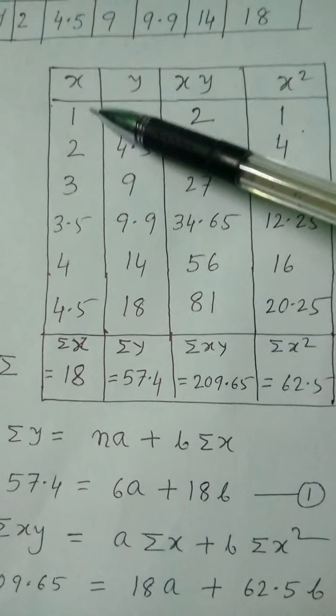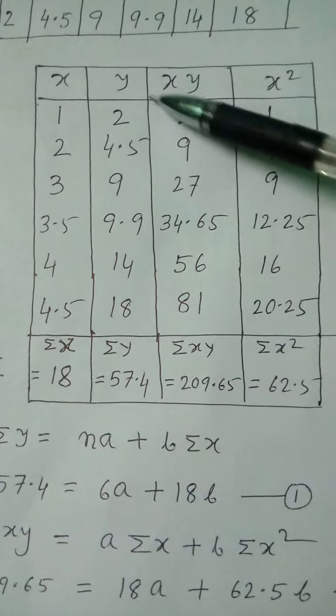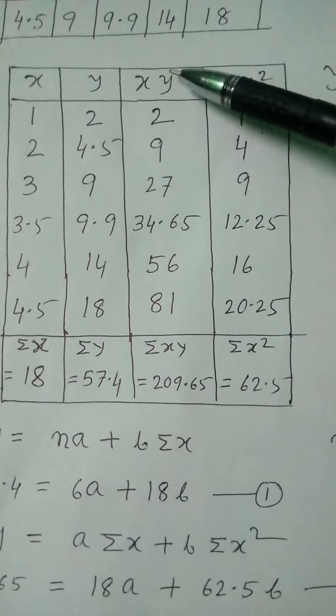So if you take this addition, this will be the sum of x, summation y, summation xy, and summation of x square.